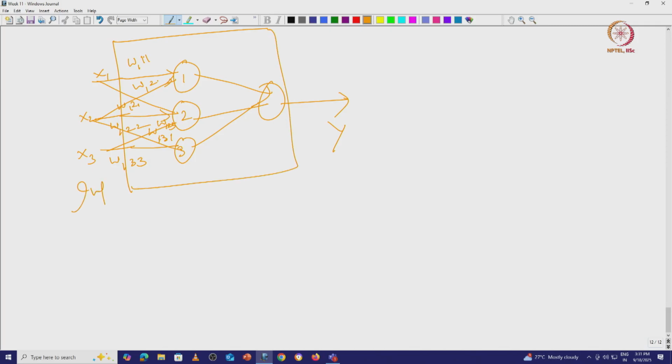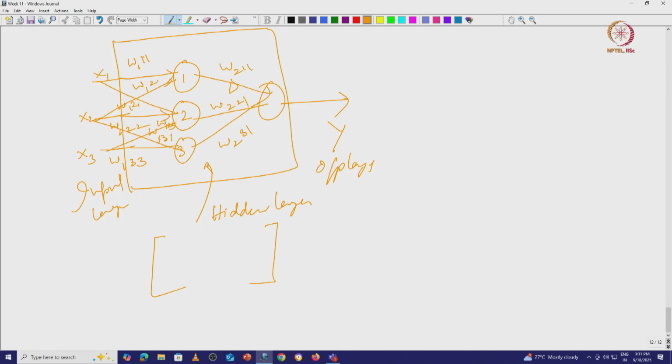So, this is the input layer, this is the output layer, this is the hidden layer. This hidden layer is completely masked from input to output, and the weights for this will look as follows. Weights for this will be W211, W221, W231, second layer weights. Okay.